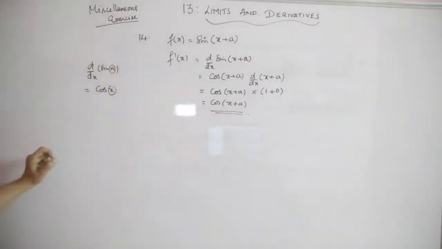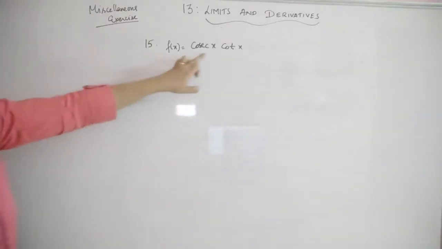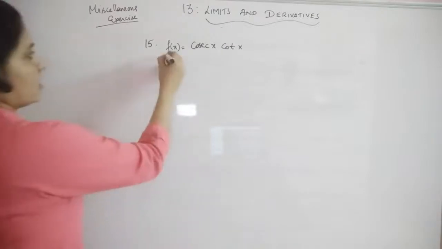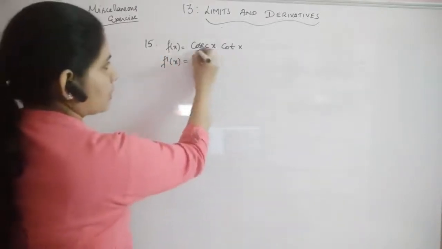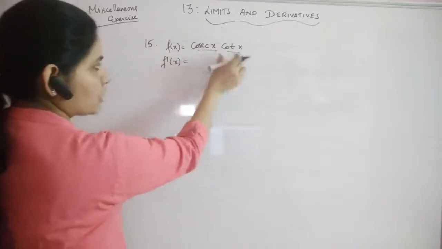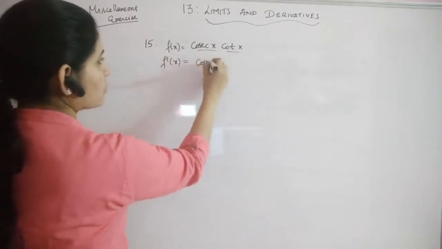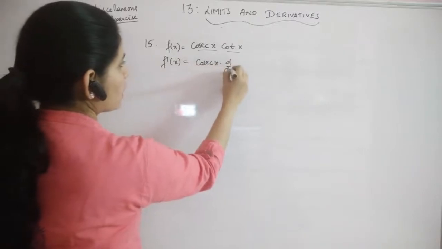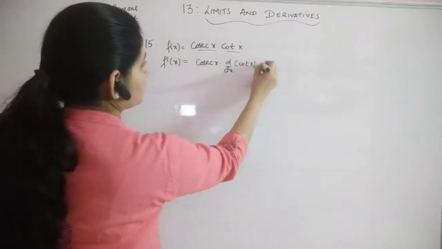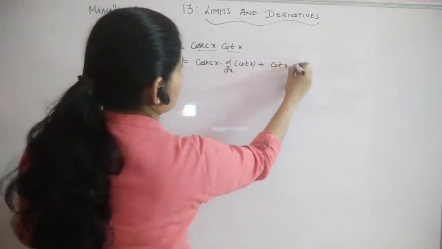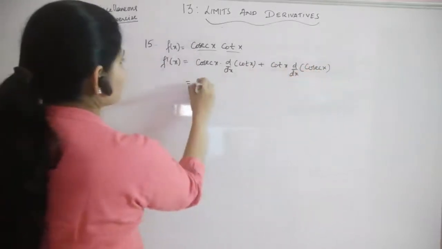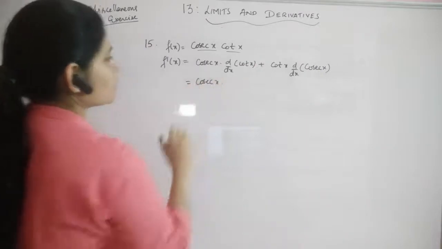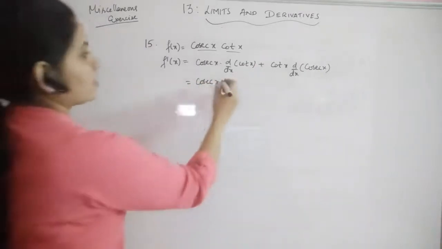Okay. f of x is equal to cosec x into cot x. f dash of x is equal to, again product rule, you have two functions of x, so you will use product rule: cosec x into derivative of cot x plus cot x into derivative of cosec x. Cosec x into, what is the derivative of cot x?